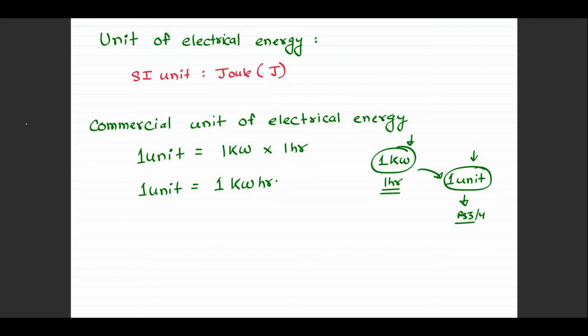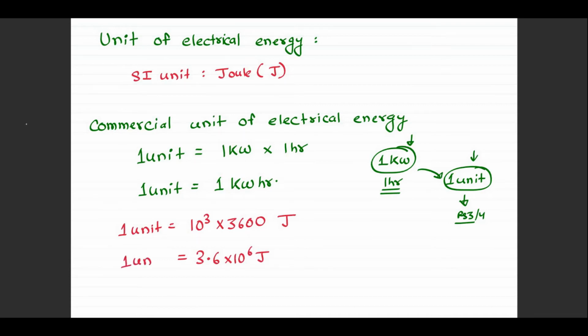Sometimes we might be asked to relate commercial unit with SI unit. So can I say 1 commercial unit, if I convert this power into watt, this will be 10 to the power 3. This in seconds will be 3600. Can I say this will be in joule then? So this will be 3.6 into 10 to the power 6 joule.